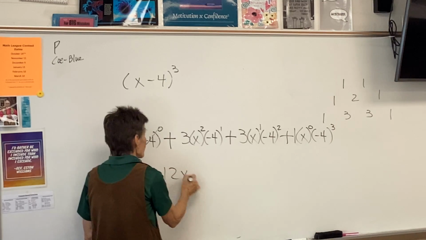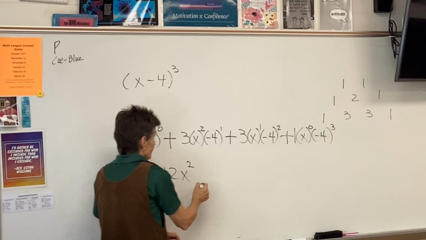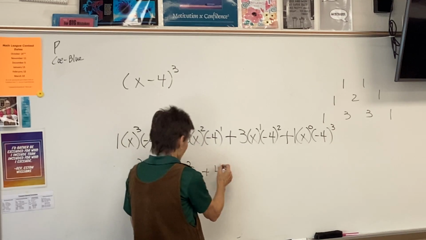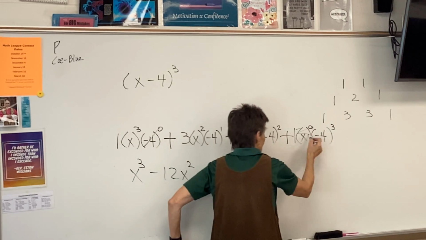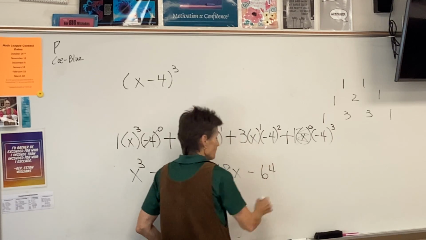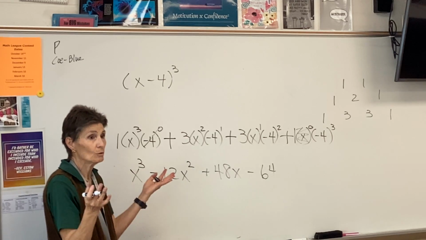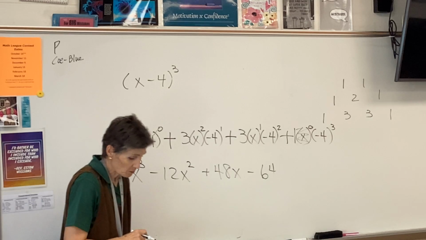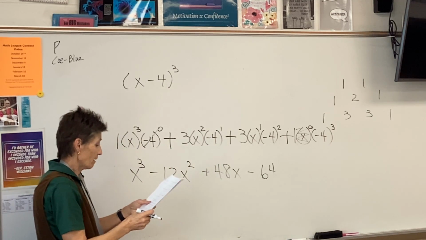Negative 12x squared. Next one, plus 48x. And again, this is just 1. So that's going to be negative 64. And that's what you would get if you literally FOILed it out, which would be an option. That's the standard form.